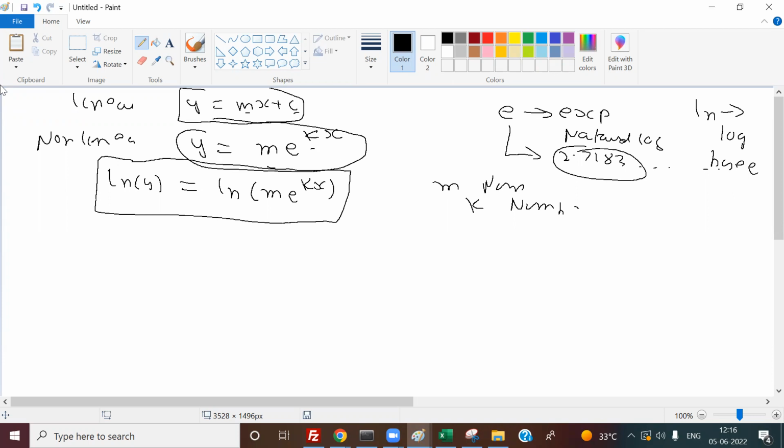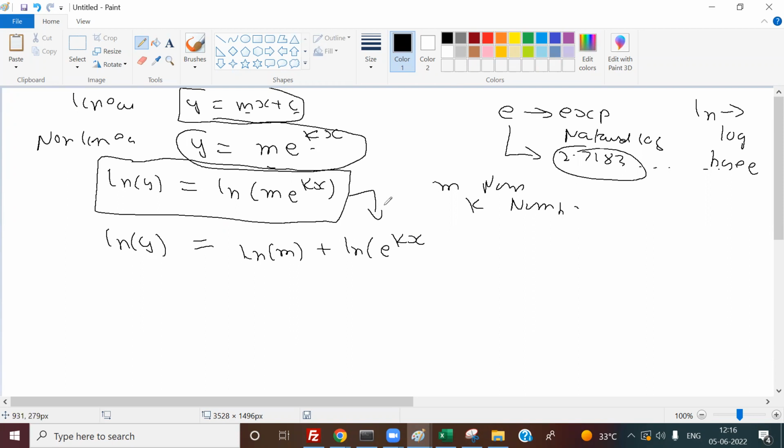So I have taken log on both the sides and base is e. ठीक है, जिन लोग को log में थोड़ा सा प्रॉब्लम है, एक बार घर पे जाके हल्का सा एक्सप्लोर करो what is log. ठीक है, ln y is equal to ln m plus ln e power kx.